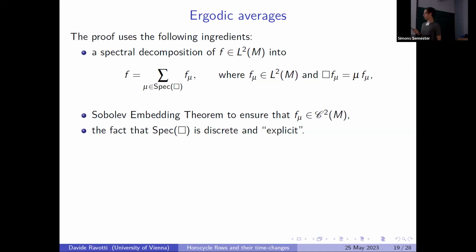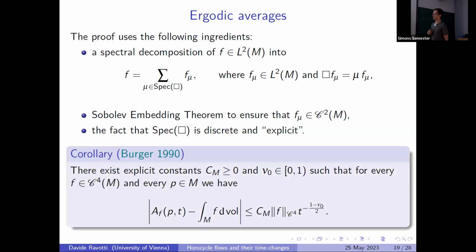And so in particular, you can find a corollary that maybe is what you care about, and this was proved earlier than Flaminio and Forni or Bufetov and Forni by Burger, in 1990. Since 0 is an isolated eigenvalue, in the whole sum we found in the previous slide, the first term is the one that gives you the leading error.